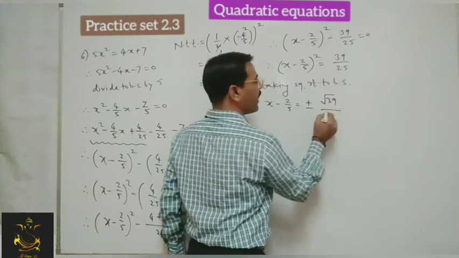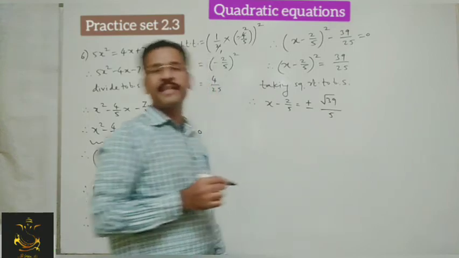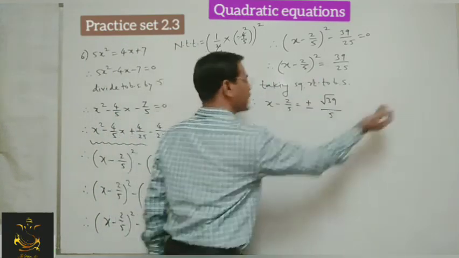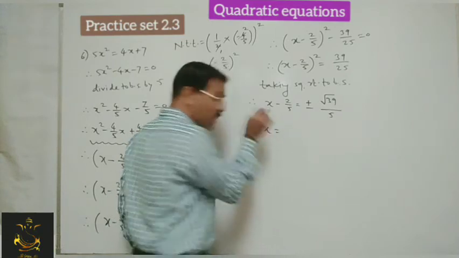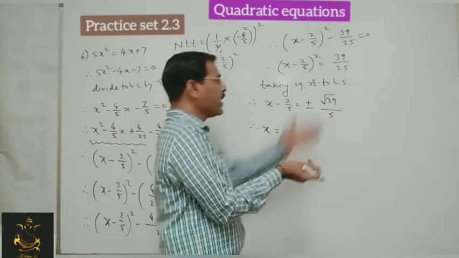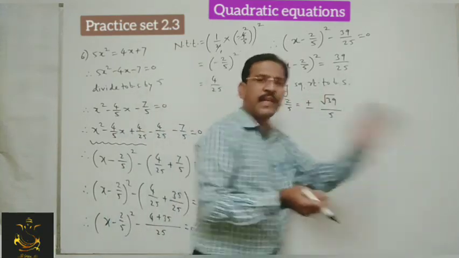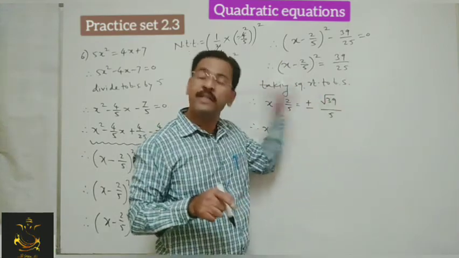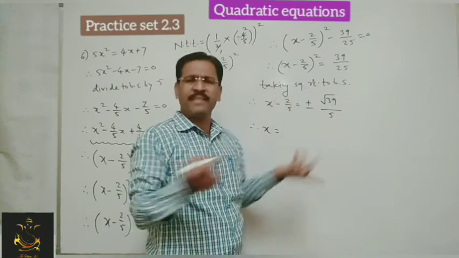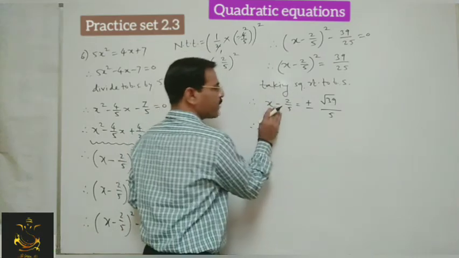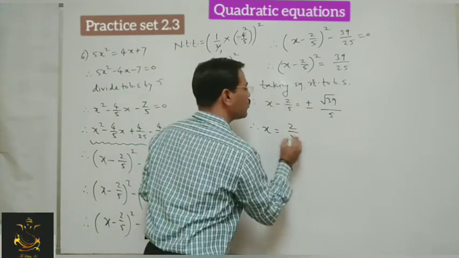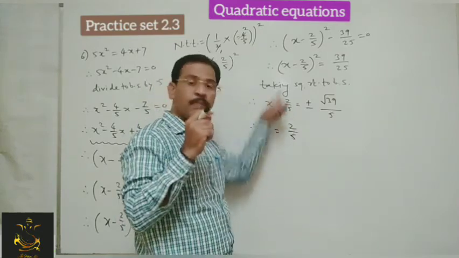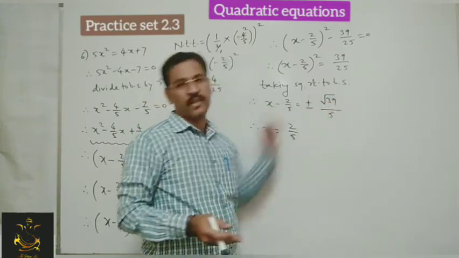But now this 25, we can take that square root, that is 5. So now this minus 2 upon 5 goes to that side. What do we get here? X equal. This is also a procedure. Instead of taking plus and minus separately, keep that plus or minus as it is. If one irrational term is there, keep that one as it is, no problem. This minus 2 upon 5 goes to that side, that is 2 upon 5. But at that time you should write the rational number before the irrational number.